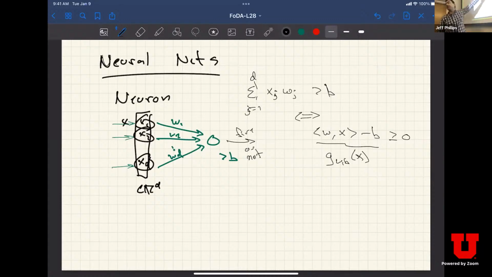This is just a linear classifier. The idea is that a neuron is just a linear classifier.